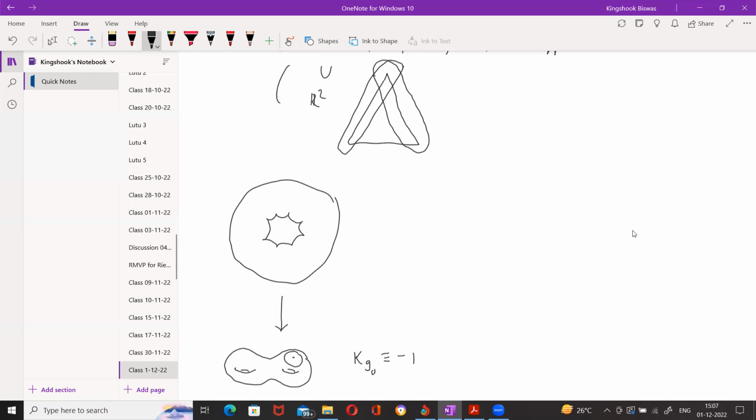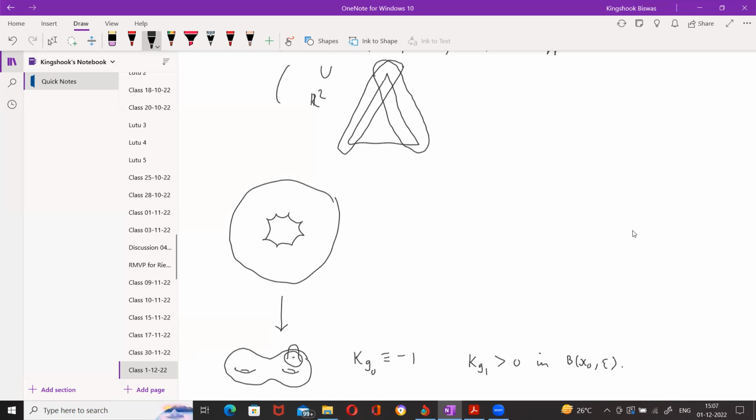You take a metric which is equal to G0 outside a ball, and in this ball you can deform the metric so that here it becomes sort of positively curved. So you get some metric G1, this is positive just in a small ball B(x0, epsilon).